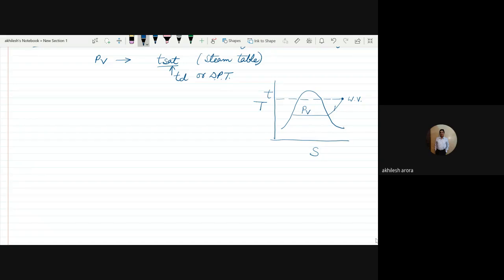So when I am cooling this air from state point 1 to state point 2, at this particular point, whatever is the temperature, that is known as the dew point temperature. You can see this exists only at the saturation condition, when the air gets saturated. At state point 2, the moisture present in air will start condensing, but we want that it should not condense.